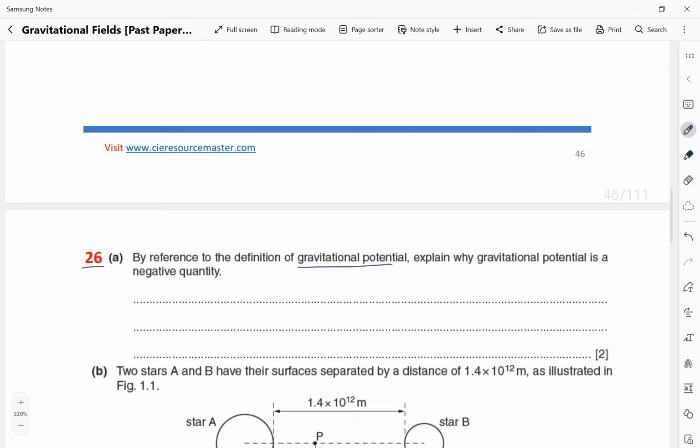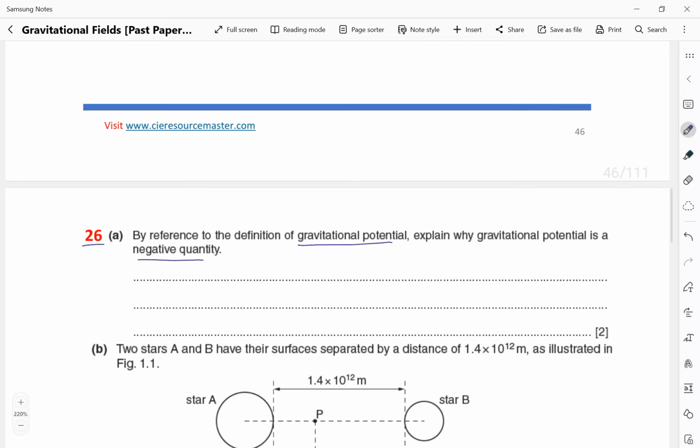Explain why gravitational potential is a negative quantity. So this question you will always have many times, and the solution is always the same one. We have already said gravitational potential at infinity is defined to be zero.